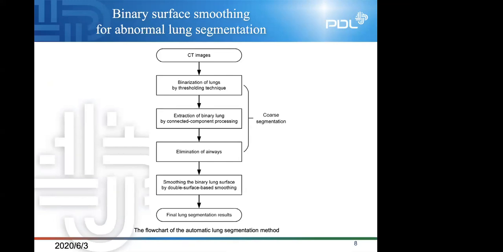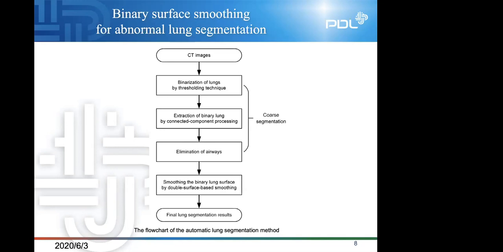This is our flowchart of the automatic lung segmentation method. We first extract the binary lung by use of thresholding technique and eliminate airways based on spatial contiguity of airways.